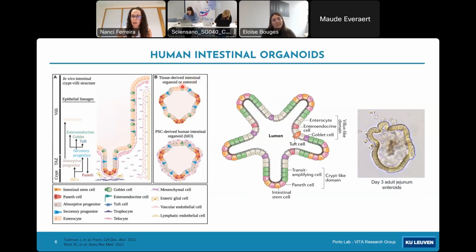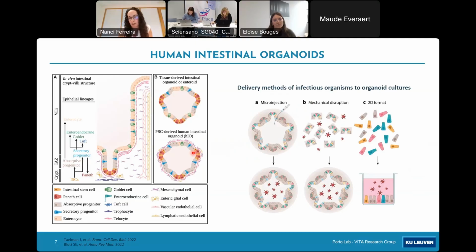We can then culture them and create these organoids that are only composed of epithelial cells, and they are usually called human intestinal enteroids to distinguish between the tissue-derived and the iPSC-derived.